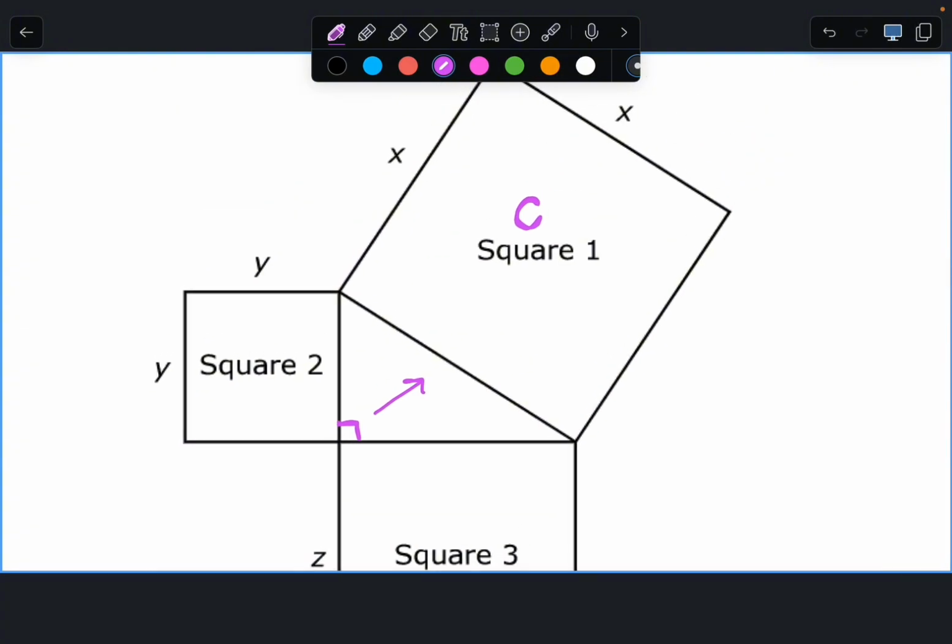What do we know about that number? It's the longest side. This is always your longest side. So if it's the longest side, it's going to be the biggest number.